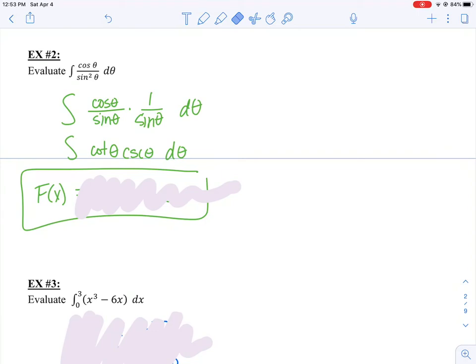Is there an antiderivative for cosecant theta cotangent theta? Well, hopefully if you've been practicing your rules, we know that the antiderivative of cosecant theta cotangent theta is negative cosecant theta. Remember, plus c, because we have to have that constant of integration for my general antiderivative. Okay?